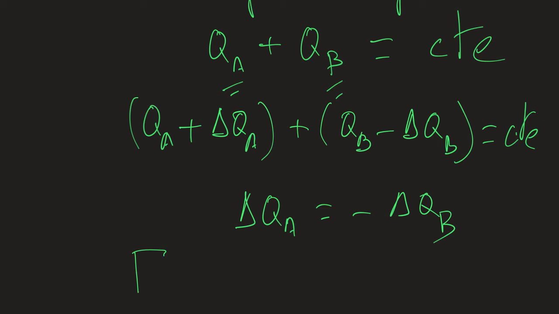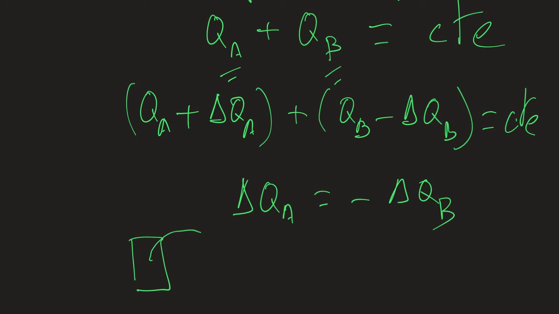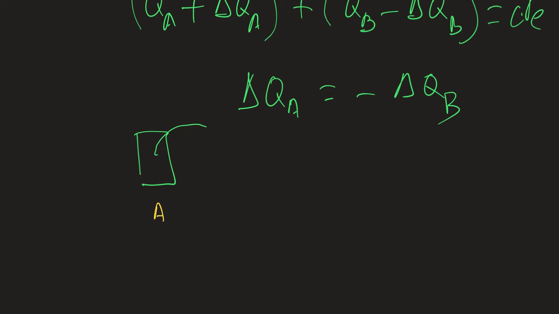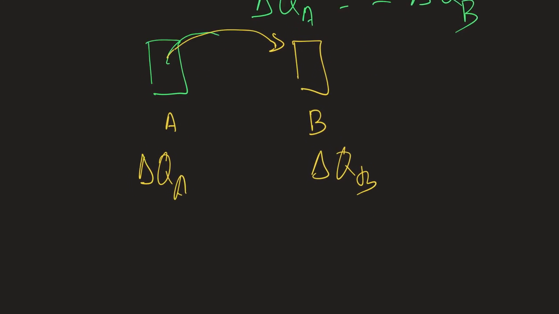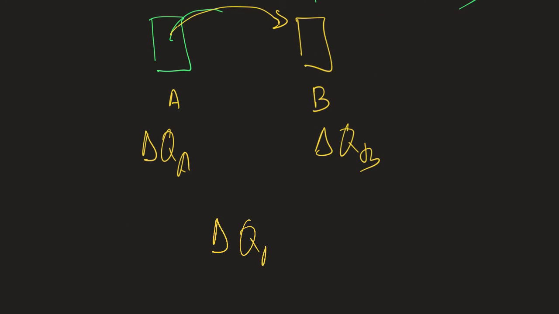So when you have two objects, object A and object B, and you charge body B by moving charges from one to the other, delta QA and delta QB are related so that if QA increases, QB decreases by the same amount.